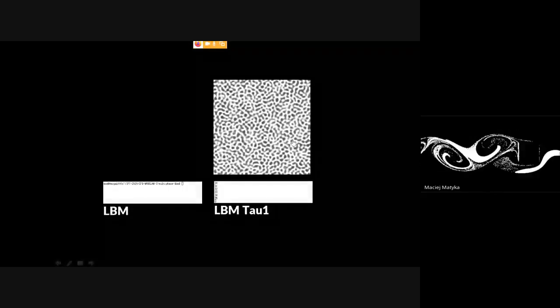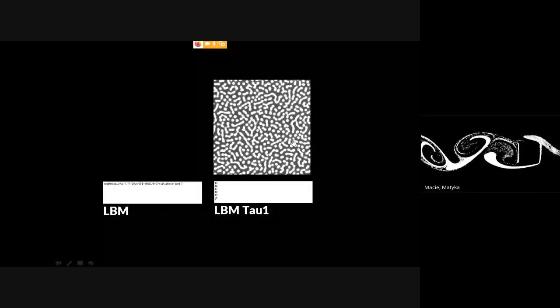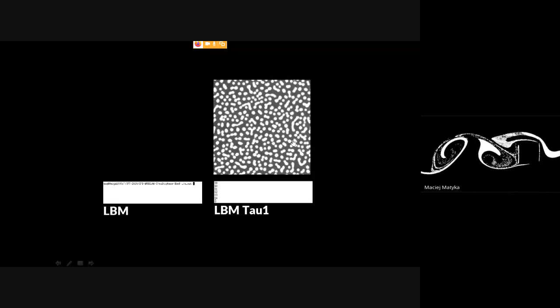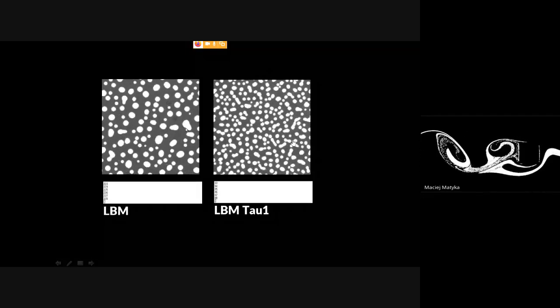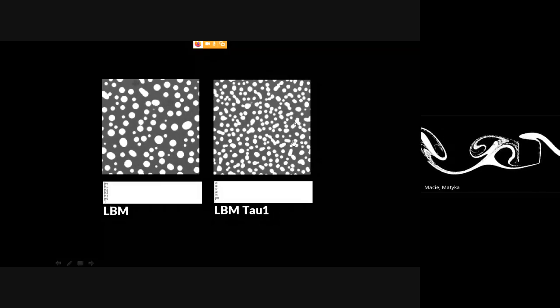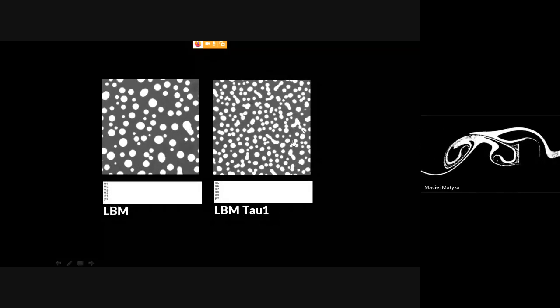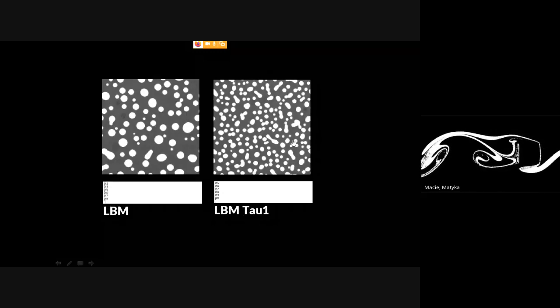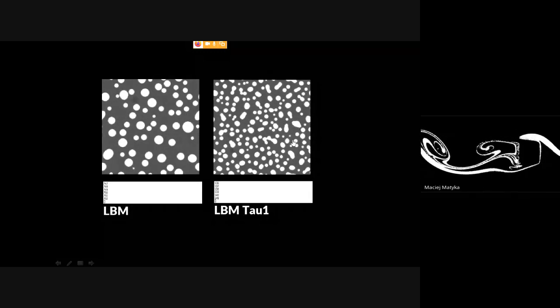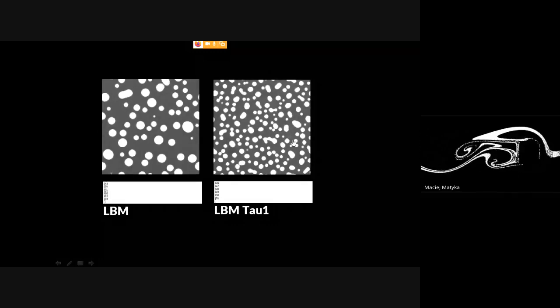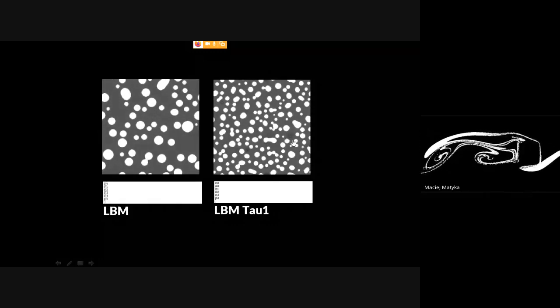It's LBM tau equal to 1 on the right-hand side, so the animation shows you the first standard test for the multi-phase Shan model, and you have the phase separation. On the left-hand side you have the same with standard LBM. So the standard LBM is much faster, and this implementation with tau equal to 1 unfortunately slows down a bit.